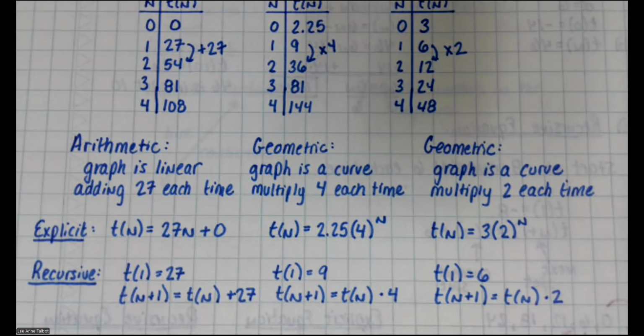Notice they're the same every time. It's just the first term number changes for each sequence, and then whatever the growth is changes. But the other symbols are always the same. So if you just memorized it, I find that easier personally. Okay.